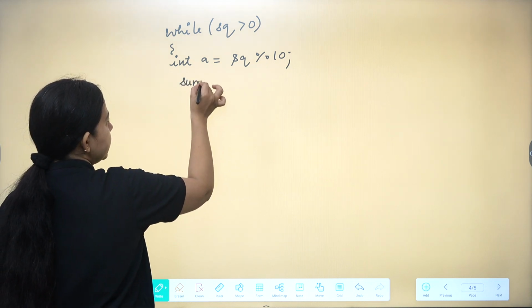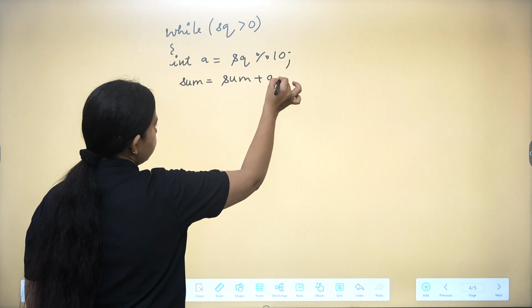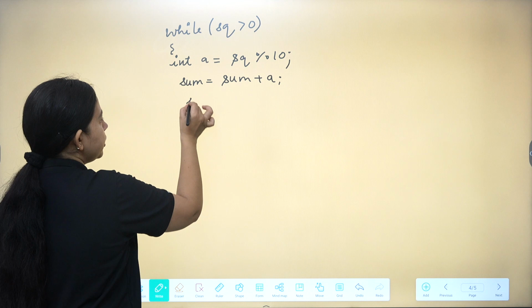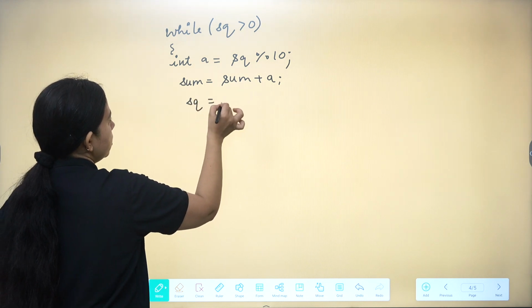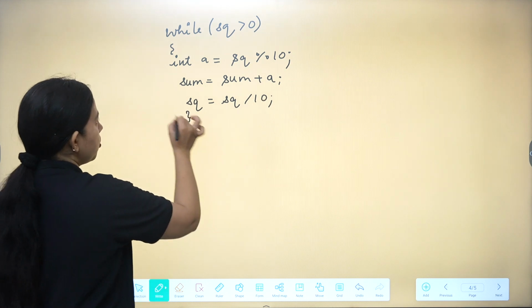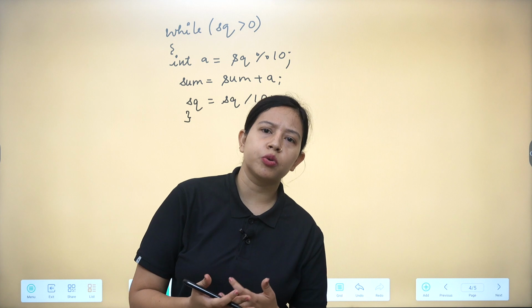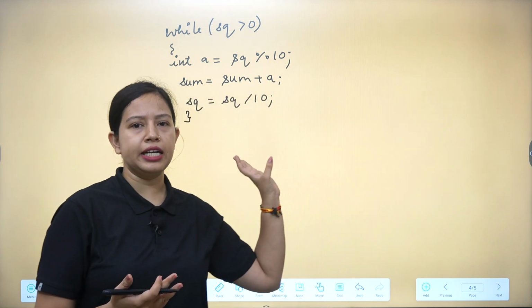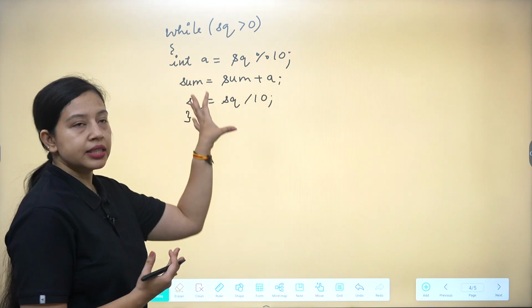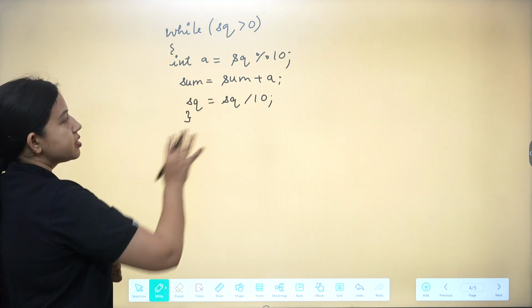After that we need to add this digit to the variable sum which we have already taken, and reduce the number by applying the divide operation. This is very common code which we have already discussed many times in number programs, so I don't think you'll find any difficulty.